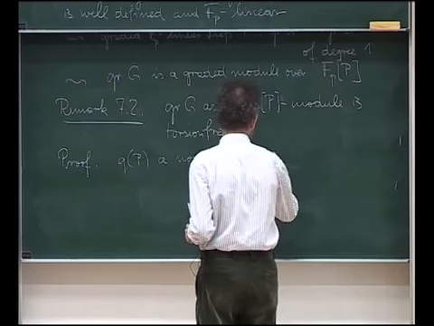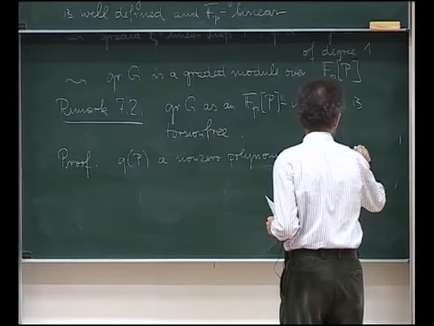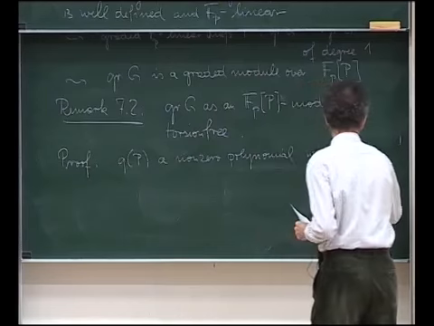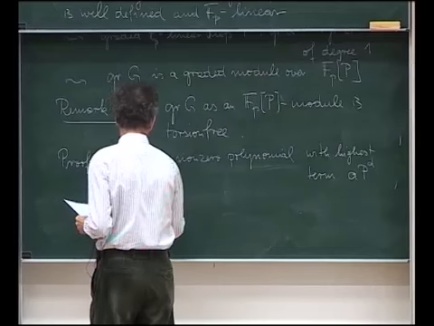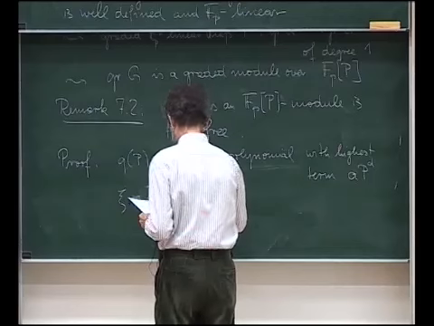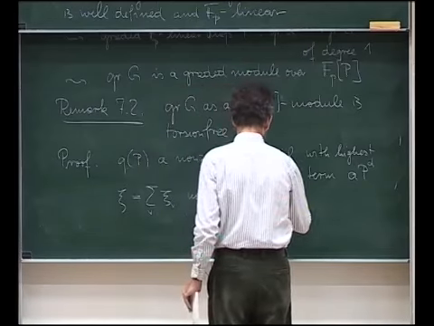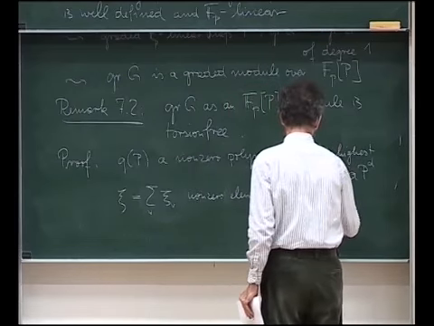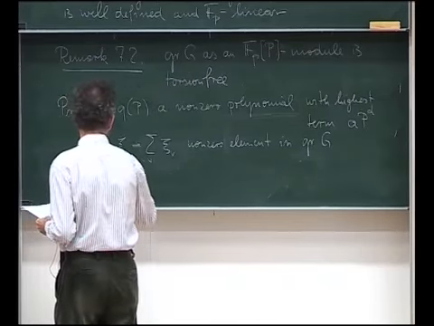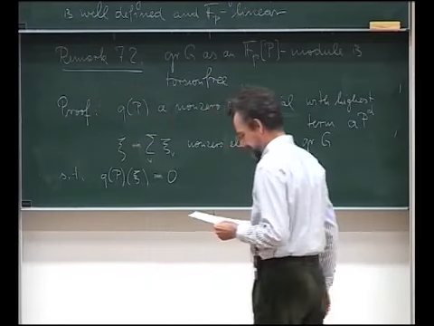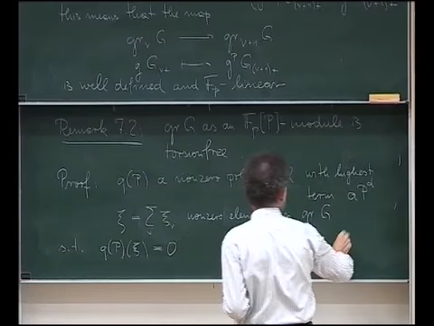Right, so let's assume Q of P a non-zero polynomial, I mean, this is a standard argument, say with highest term a p to the d, and say xi some non-zero element in G such that Q of P applied to xi is 0.